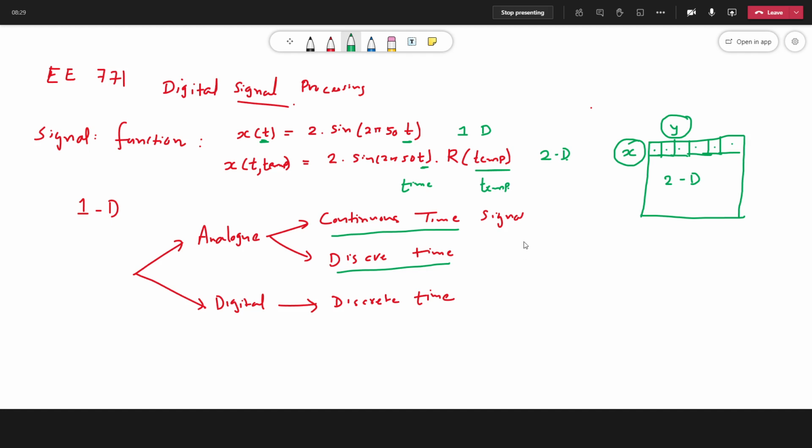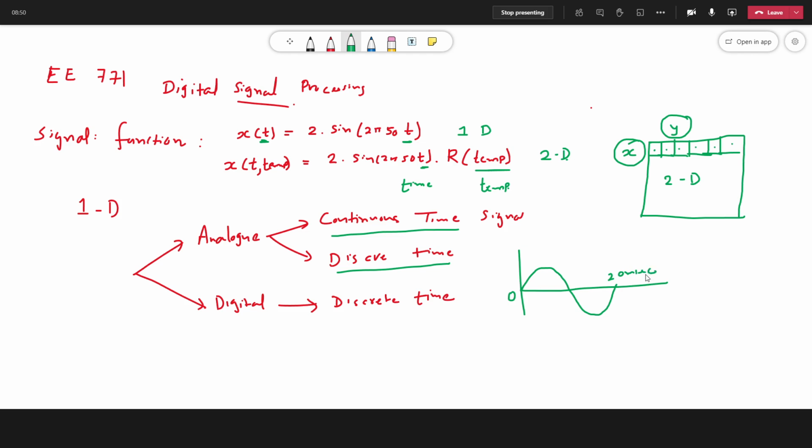Say for example, if I have a signal of 50 hertz like this, it's a sinusoidal signal and it's of 50 hertz, so the duration of a cycle is 20 millisecond.